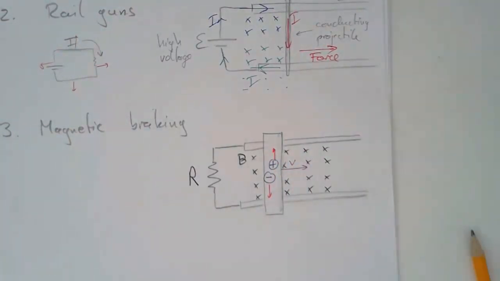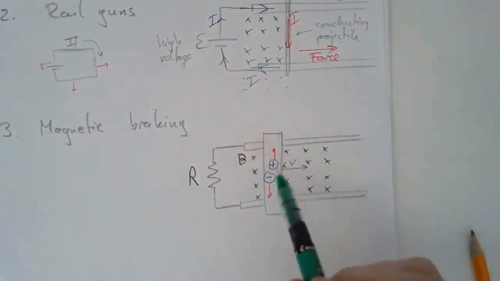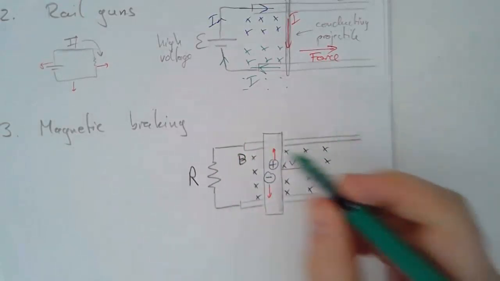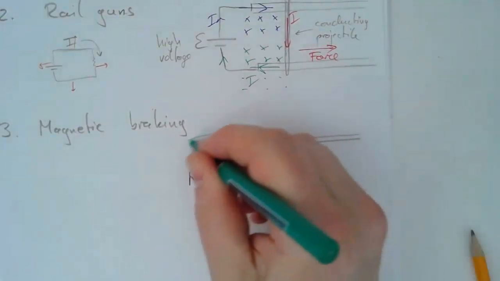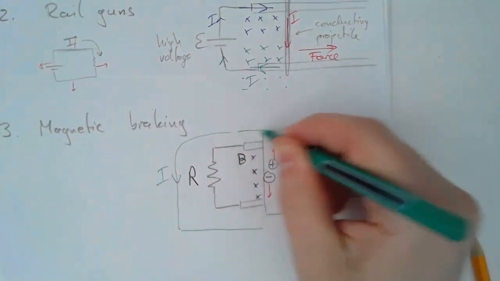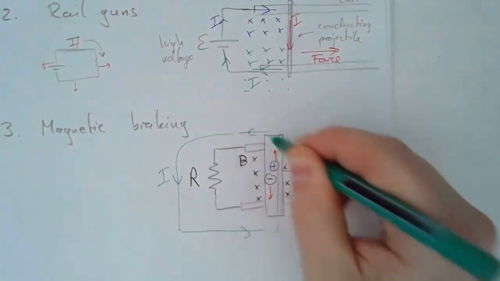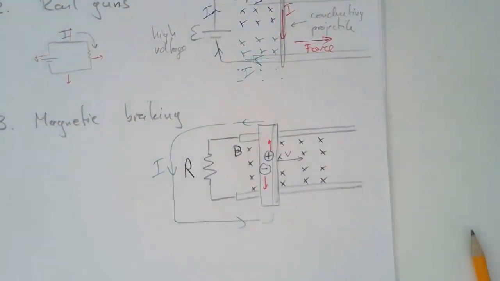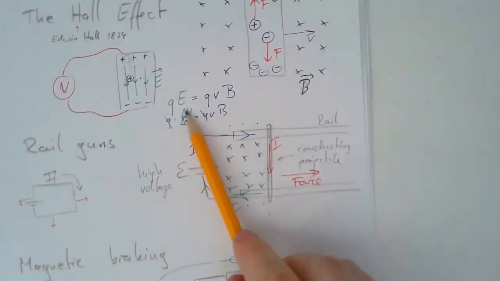Now, because current is defined in the positive charge direction, you're going to get a current that goes counterclockwise through this wire. Now, we figured out before what the potential difference was.